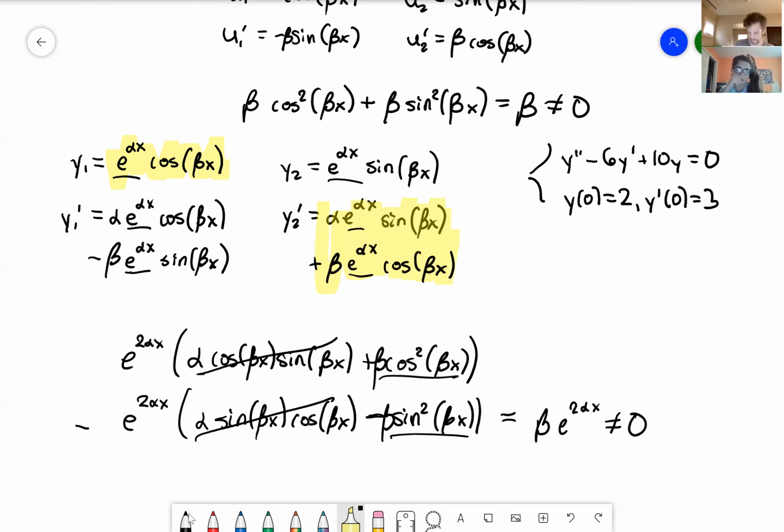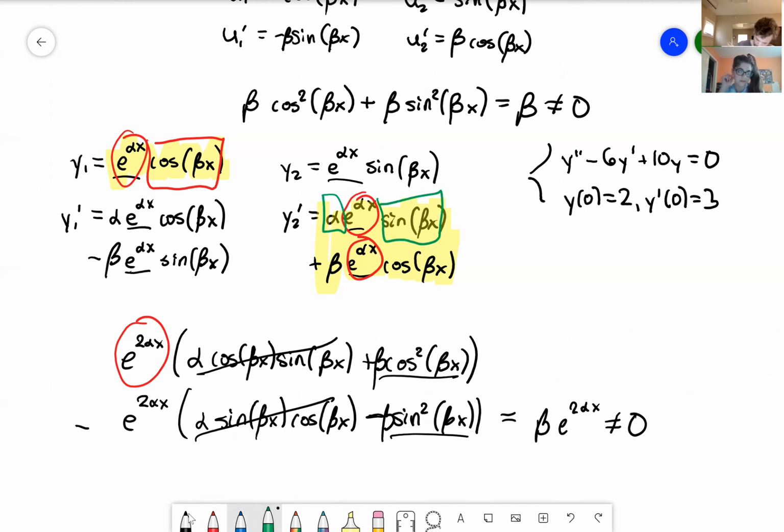So this first term, we have this times this, right? Okay. So we have the e to the alpha x that we can factor out of both of these, and then an e to the alpha x in the first factor. So multiplying those together, that's the e to the 2 alpha x. So really all I need to consider is this multiplied by this and by this. So the first one will be alpha cosine of beta x sine of beta x.